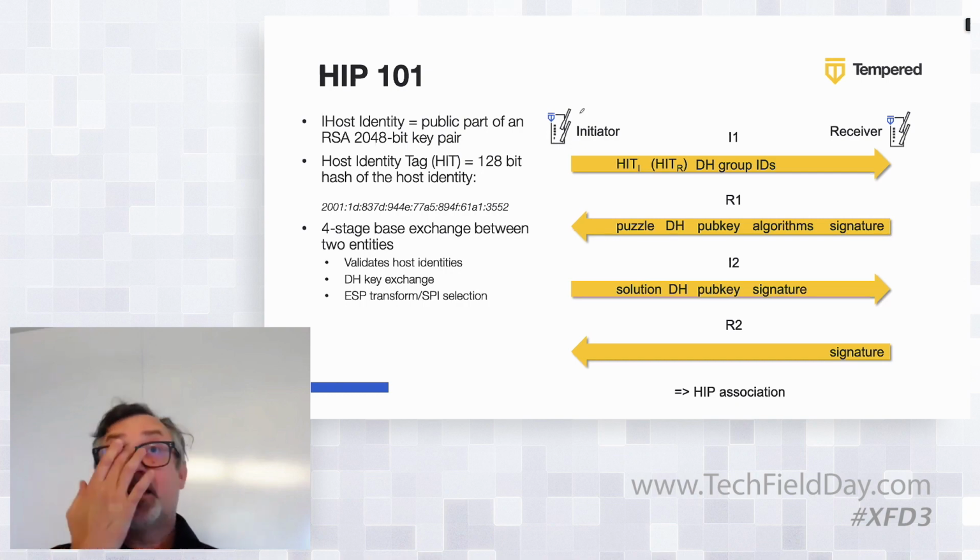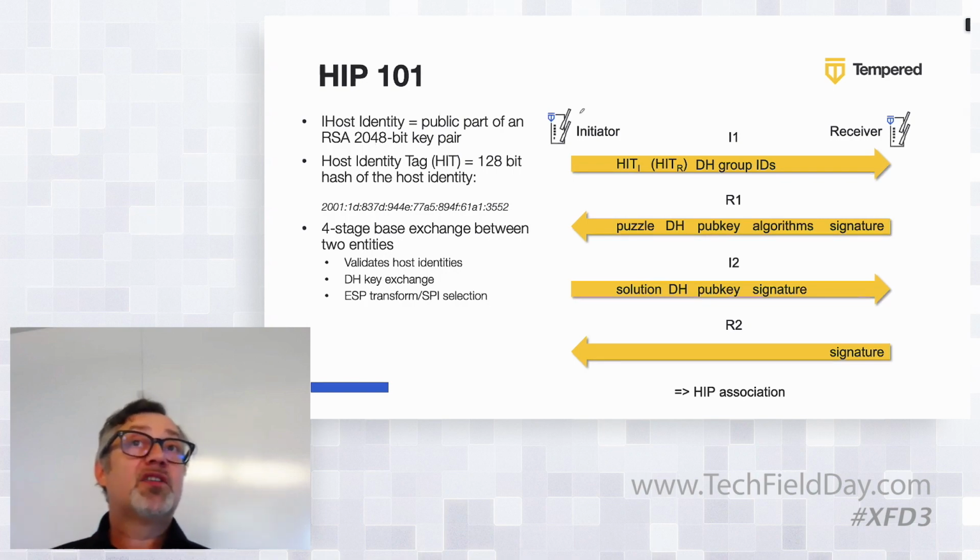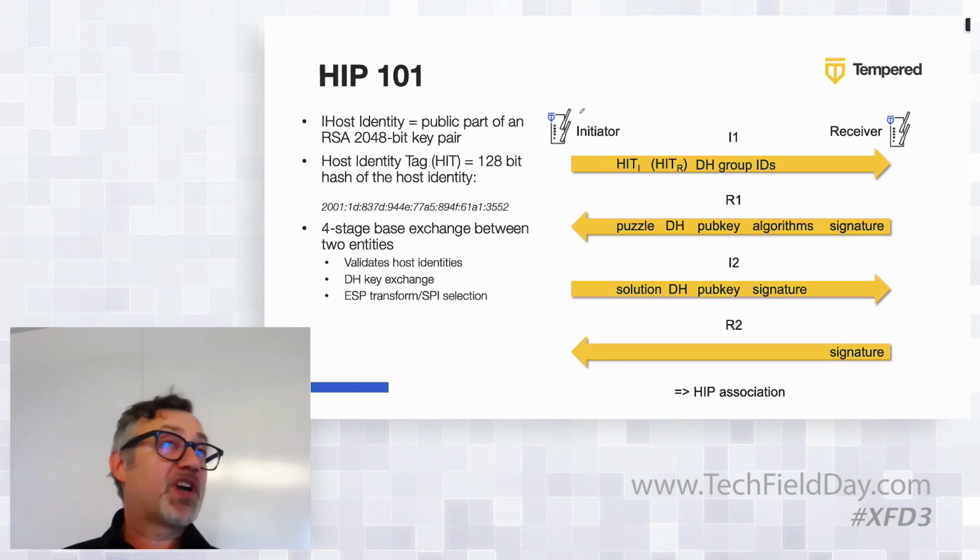Then the receiver will send his own group IDs in R1, pick a group ID, and add his own Diffie-Hellman parameters. On the third message, the initiator will send his own Diffie-Hellman parameters to the receiver, and at that point both parties have shared cryptographic material that they can draw session keys from.